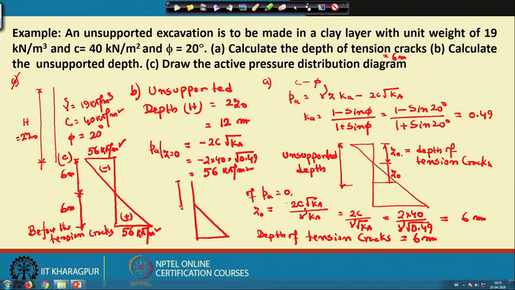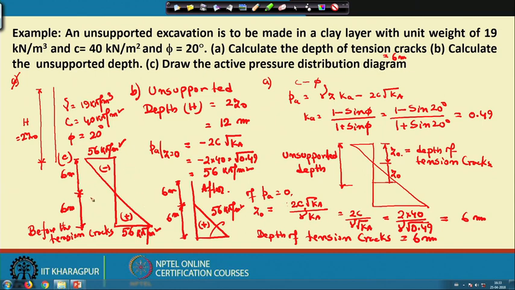So this is 6 meter and this value is 56 kilonewton per meter square. This is positive and this is also another 6 meter. This is after the tension crack is developed. So these are the two earth pressure distribution diagrams.